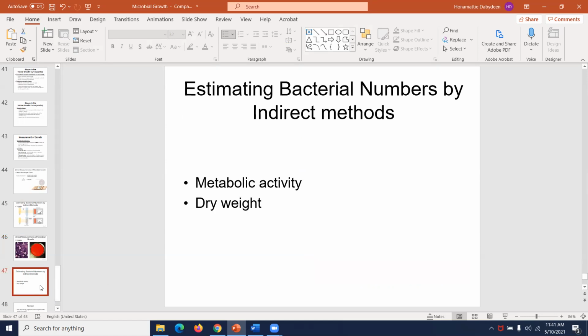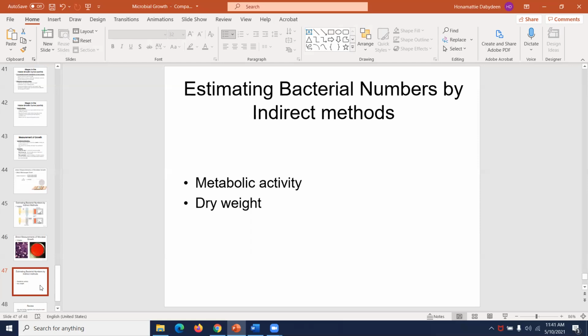I thought that was the last slide, but there was another one: indirect methods to estimate the number of bacteria, such as estimating growth, metabolic activity, or dry weight. What do I mean by metabolic activity? We will learn later that there are many byproducts produced when organisms go through certain metabolic processes.